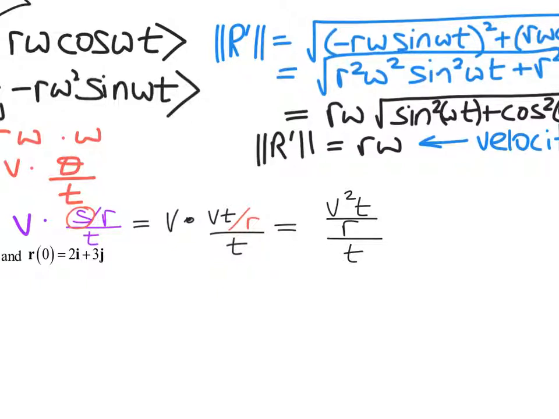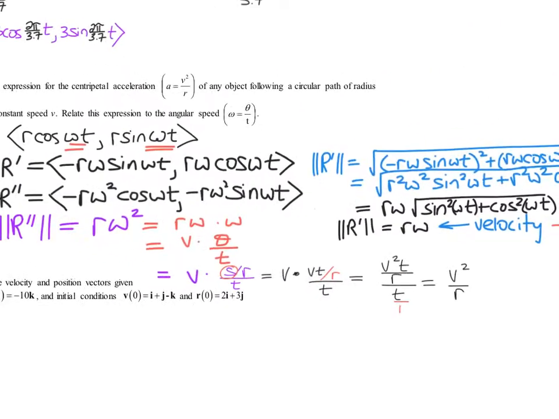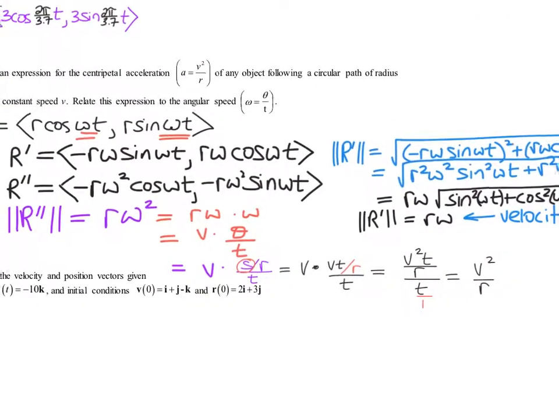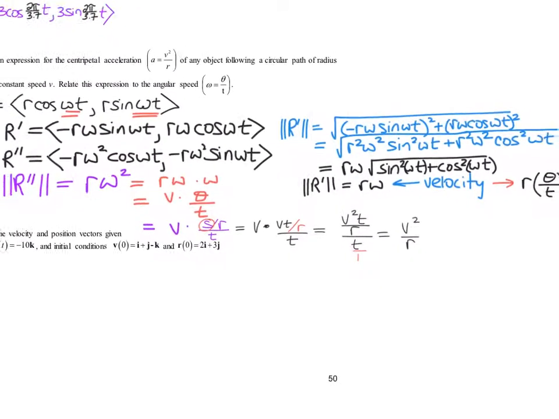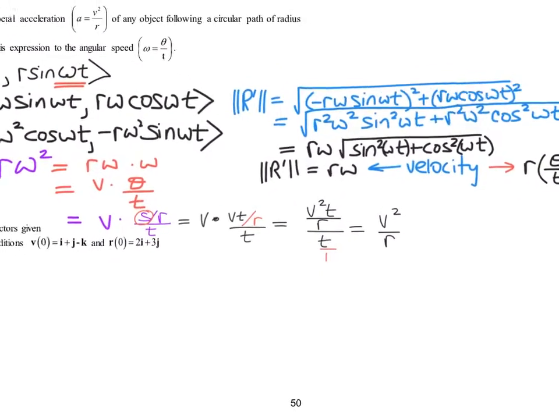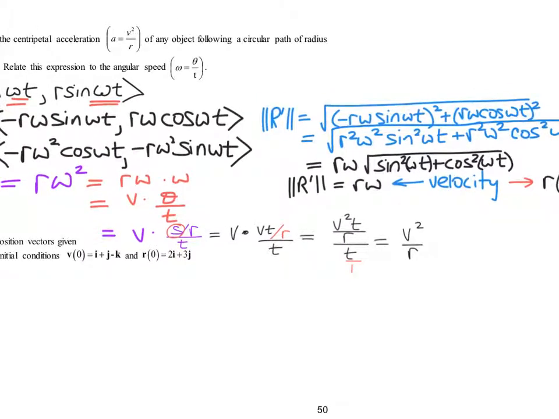Make it a complex fraction, put it over a 1, and it cleans all the way down to v squared over r. That's that one little component, which is why I emphasized it in the beginning. All right. Nice derivation question.